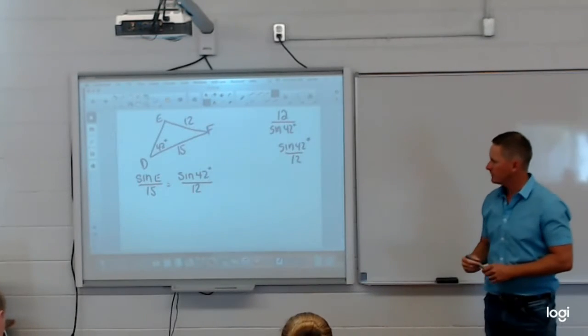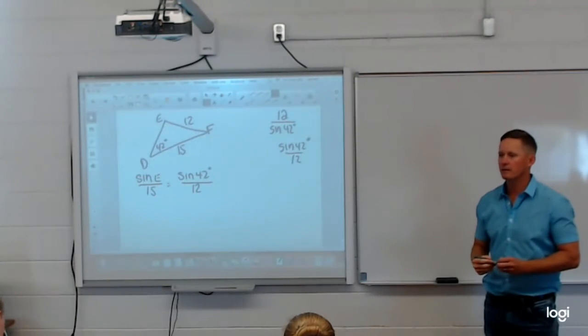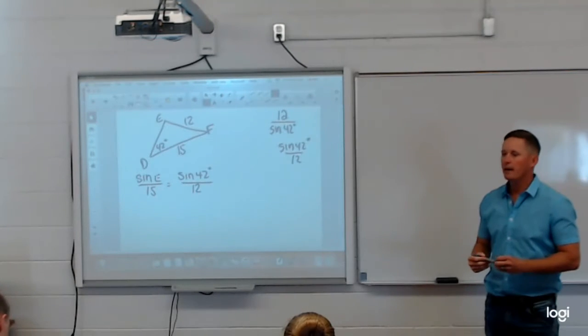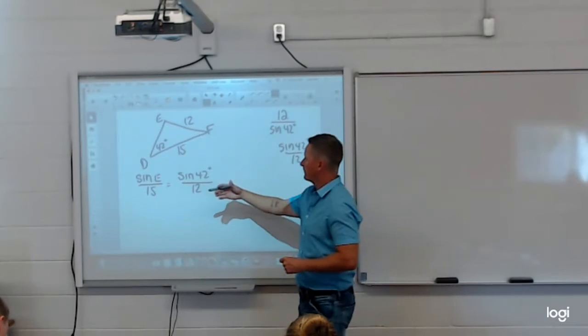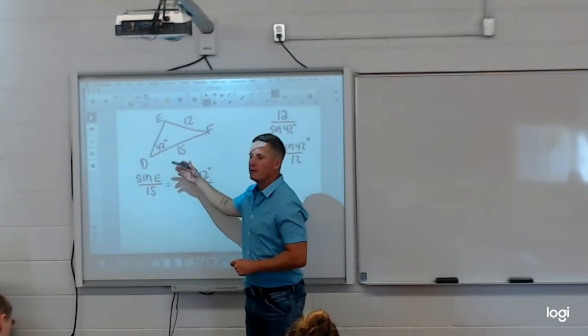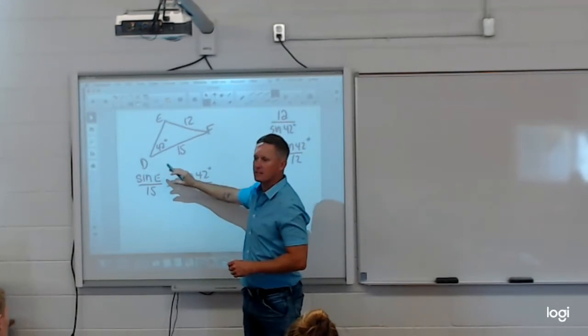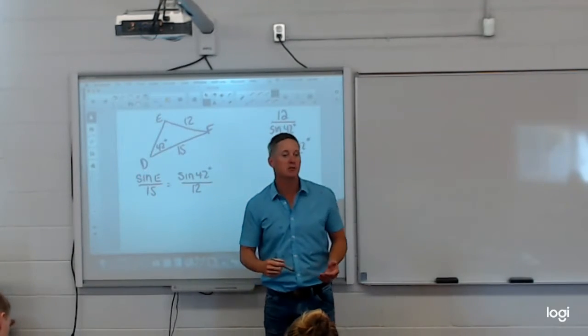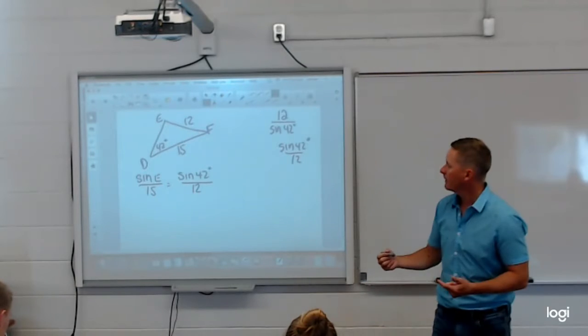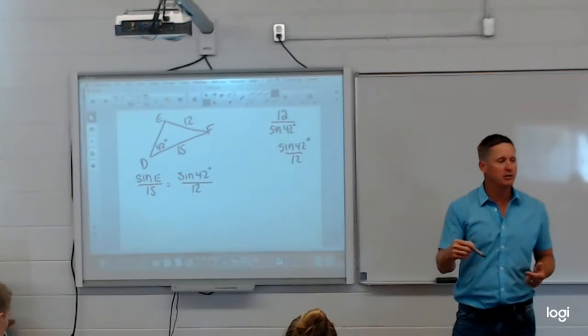Who didn't? I had sine inverse. That's the process. You have to set this question up like this to begin with. And now it's sine inverse of 15 times sine 42 divided by 12.